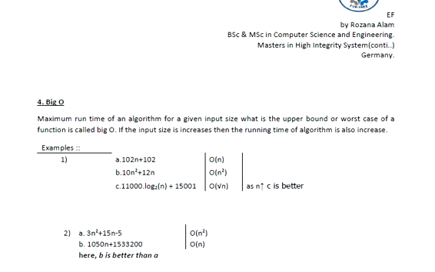For B we have 15n plus something, it's a linear equation, so you get order of n. Comparing these two equations, what is the problem complexity? We always pick the smallest one. So the better one is order of n.